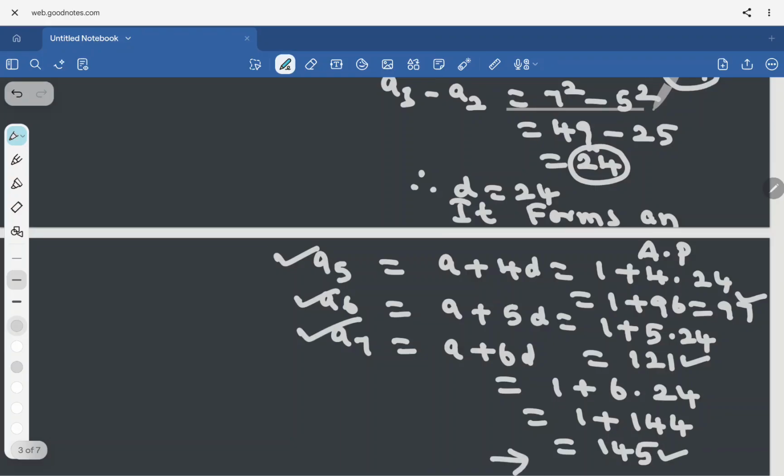This completes the answer for the subdivision 15th one, problem 4.